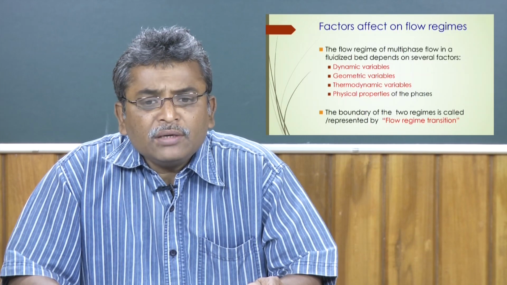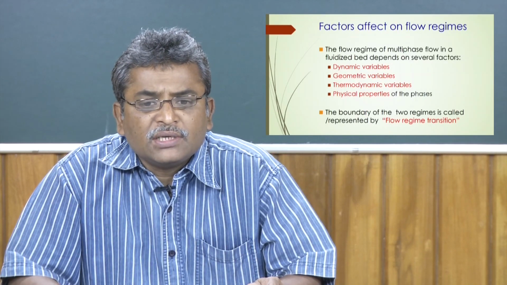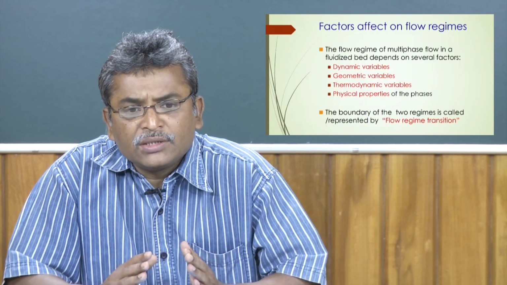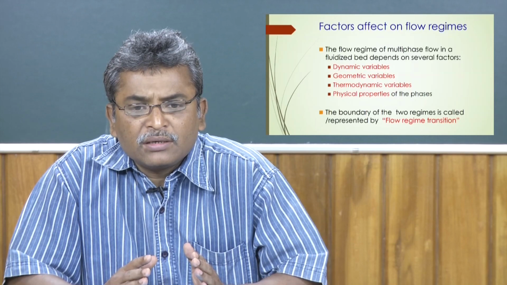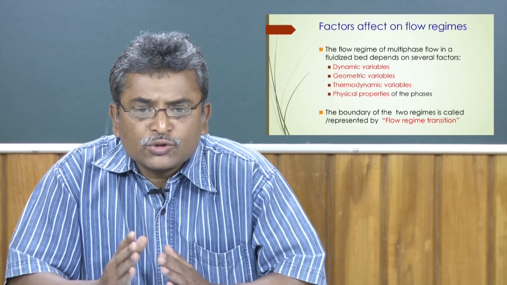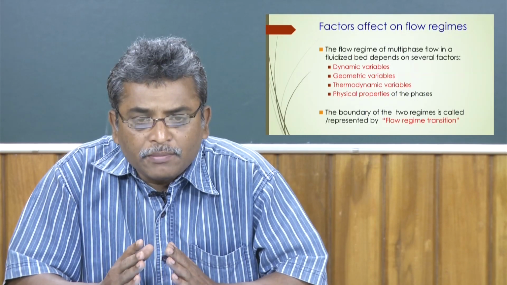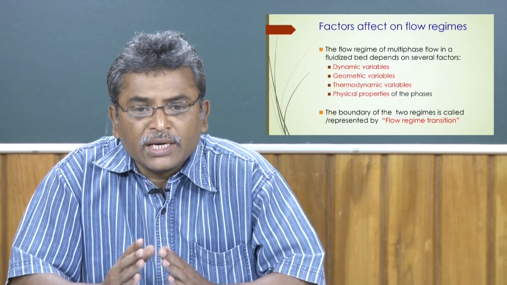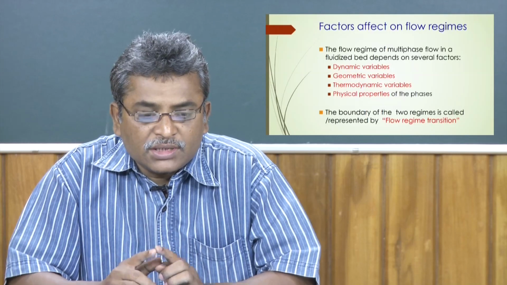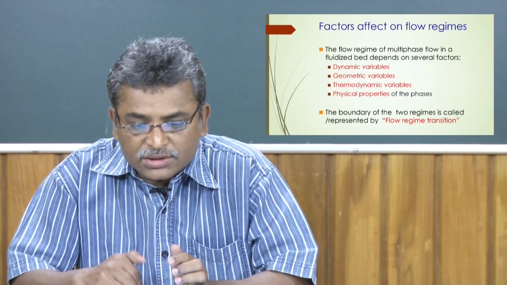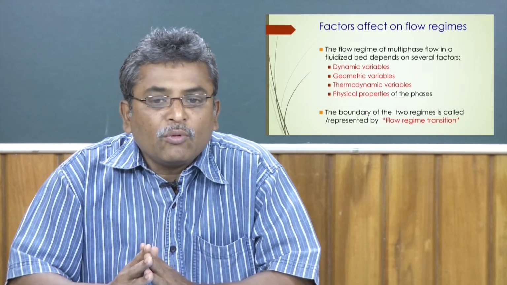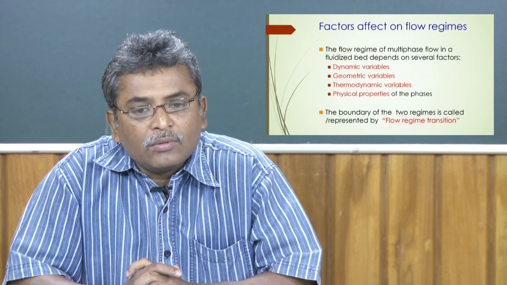The boundary of the two regimes is sometimes referred to as the flow regime transition. To change from one flow regime to another flow regime, what should be the barrier, what should be the point from which you can get the other flow regime? That point is called the transition point, or a certain region or profile, from which onward or beyond which you will get a different type of flow characteristics.